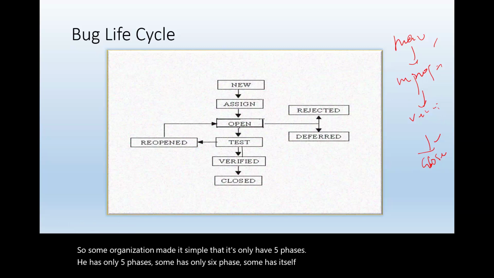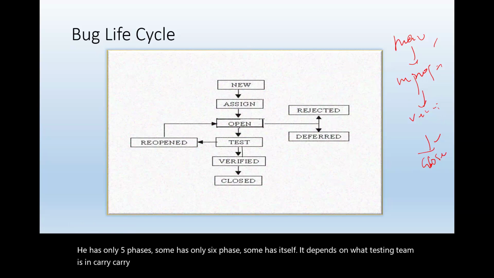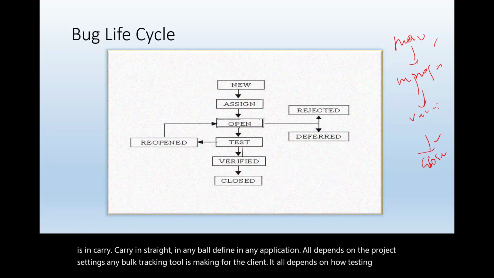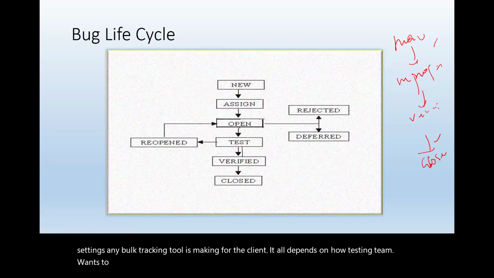It depends on how the testing team treats any bug they find in any application. It all depends on the project settings of the bug tracking tool being made for the client, and how many phases the testing team wants.